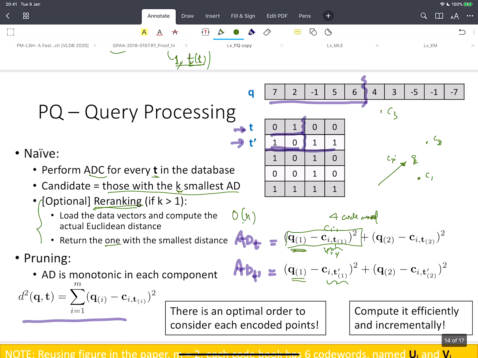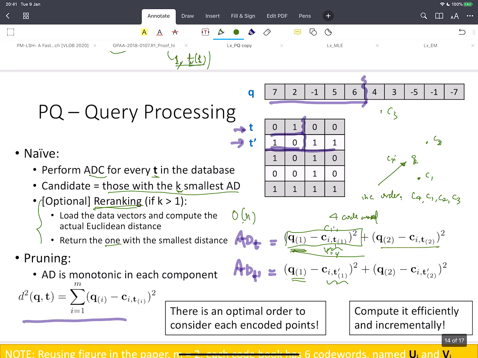Then the increasing order based on the partial AD, as I call it, should most likely be C4, C1, C2, and C3. That's the most likely order.